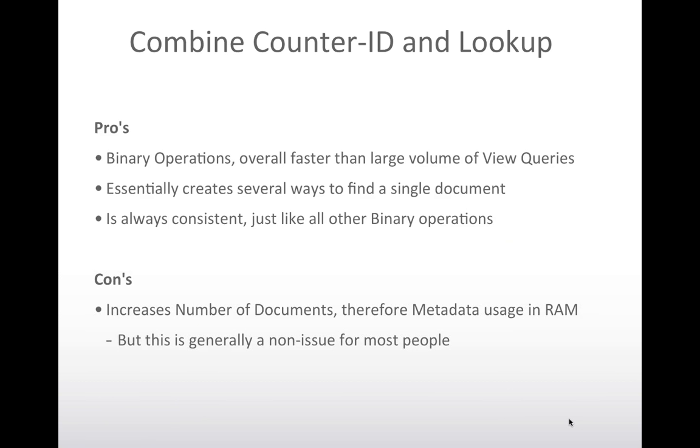So, as I said, the pros of using lookups with or without counter ID are that it's a binary operation. Everything will be based on keys in memory. Documents will be cached automatically. So it's very, very fast.